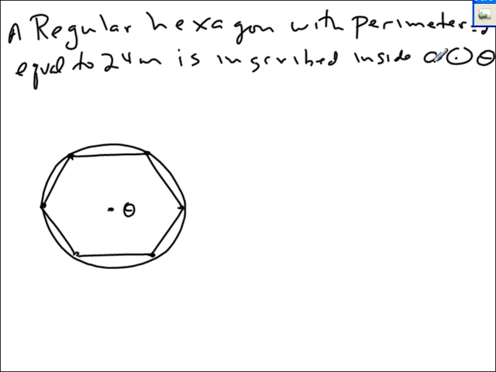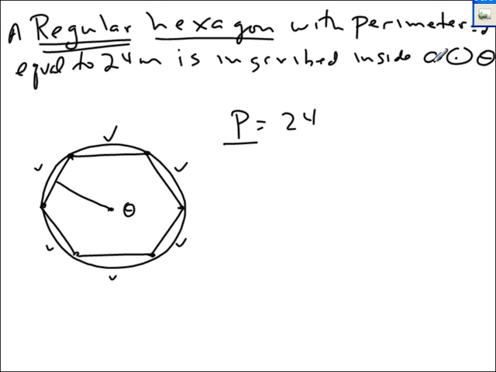The question is, what is the distance from the center to each side? Want to know how long is that distance? Well, first thing is we have 6 sides. And if you take the perimeter, which is 24, and since it's a regular hexagon, hexagon means 6 sides, and regular means all sides are the same. 6-sided polygon, all sides the same length.